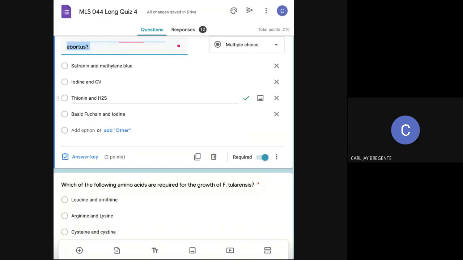Melitensis is H2S negative, abortus is H2S positive. For thionine, melitensis is positive, while abortus is negative. Safranin is out, methylene blue is out, iodine is out, CV is out. Basic fuchsin, both of them are positive.